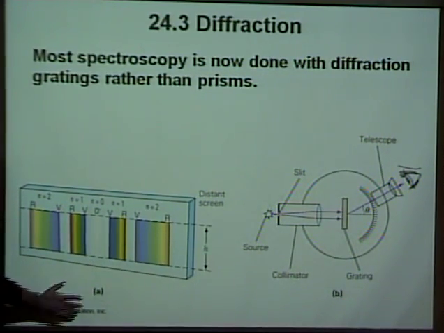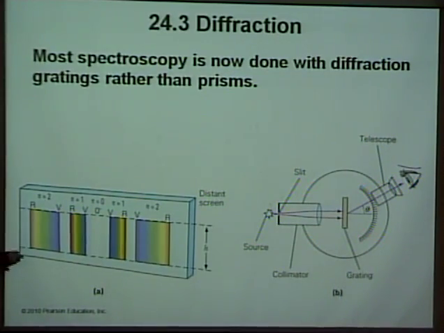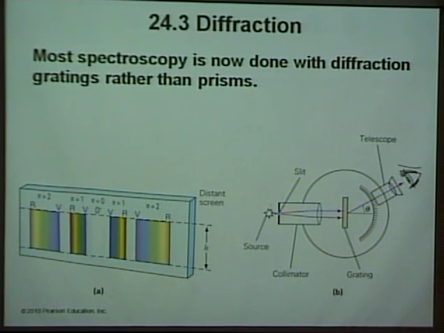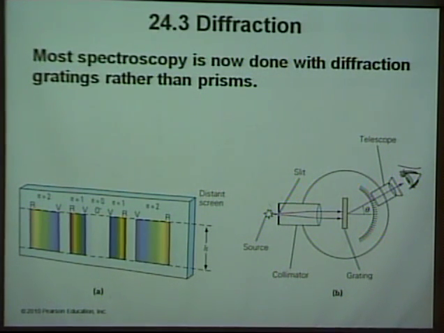Now this is a prism. This is what we used to use. A prism wasn't a very good idea, because it wasn't as accurate as using a diffraction grating. The prism threw things off because you had to worry about the index of refraction of the actual prism and stuff like that.